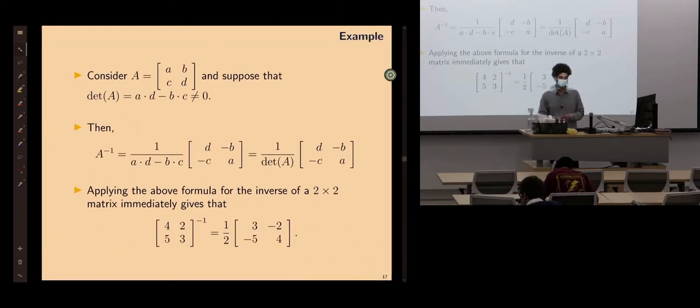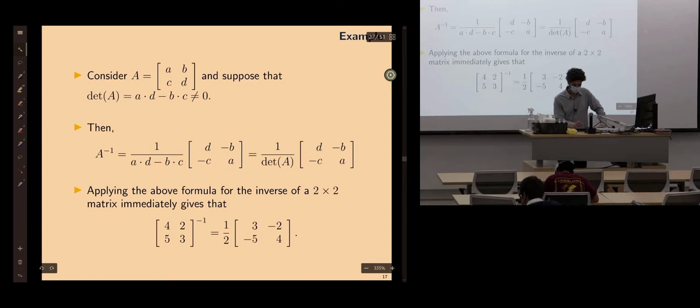Now, a numerical example. Let's say I have a matrix 4, 2, 5, 3. I want to invert it. The determinant is 12 minus 10, right? 2, which I see here.